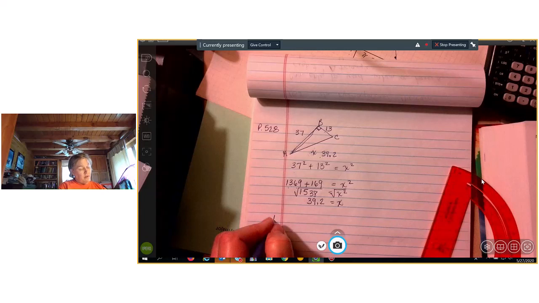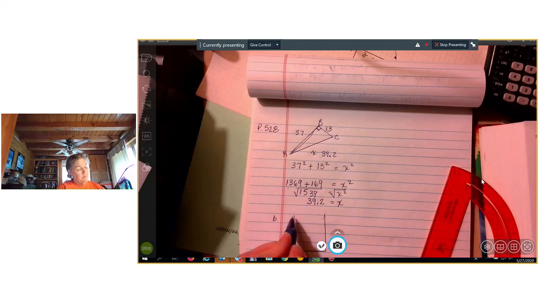Now the next example I want to do is just a little bit trickier because you're looking at a box. You're given this as a square.